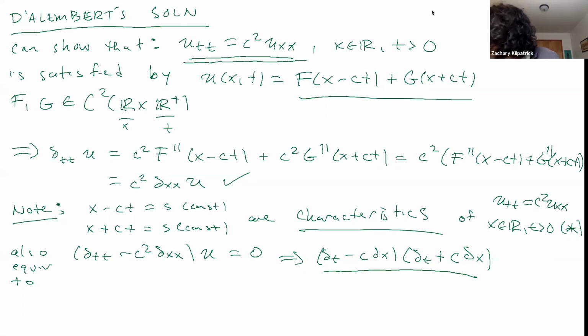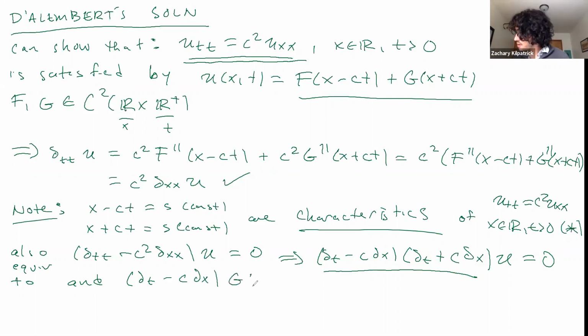The reason that's interesting, the fact that we can realize that this operator is equivalent to these two operators applied in succession, is that we note that when I apply this operator to just g of x plus ct, then I get c times g prime of x plus ct minus c times g prime of x plus ct equals 0.